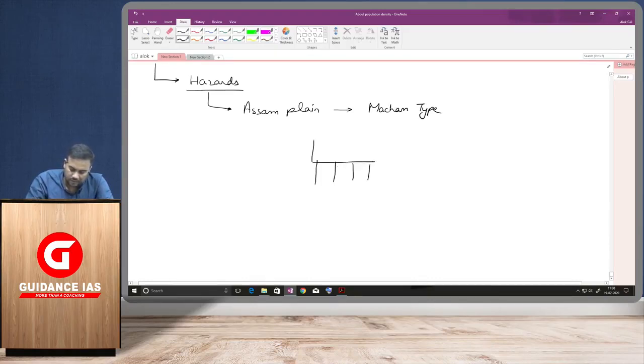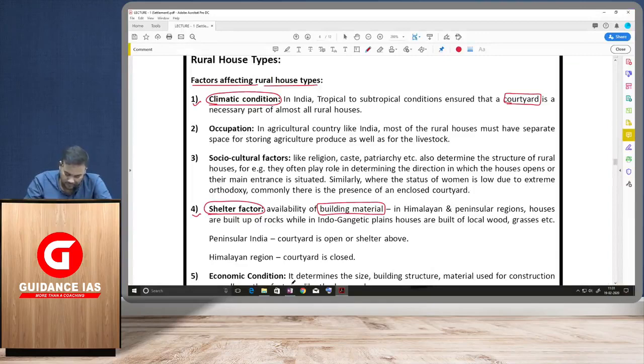House would be built a bit above, like a Machan, mainly because this area is very frequently flooded. This is the result of the frequent flooding which is taking place. Okay? So again, this is a very common type of tendency which is found. So this is one factor.